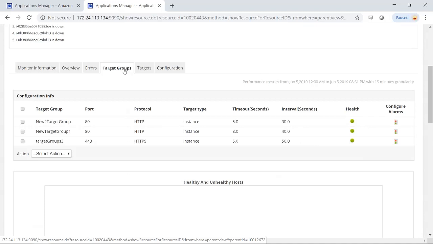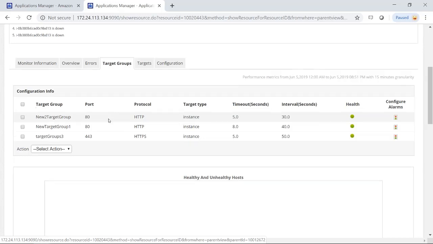Now the load balancer might have various target groups, where a group of targets is assigned to a specific group with a unique ID. These target groups are accessed over secure or non-secure protocols, and the total time taken for the page to be hit is what we monitor under timeout in seconds. Each target group might have various targets, identified as healthy or unhealthy hosts.